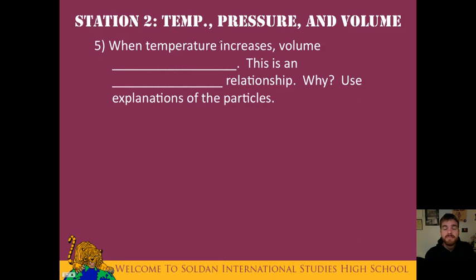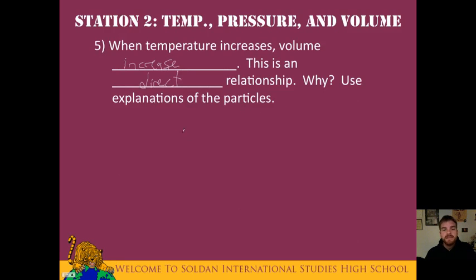So of course, if the temperature increases, the particles will be moving faster, so volume will also increase. And that is going to be a direct relationship, because as temperature goes up, volume goes up. And the best reason why would be that as the particles are moving faster, they will bump into the wall more, which is going to cause the size of the container to expand.